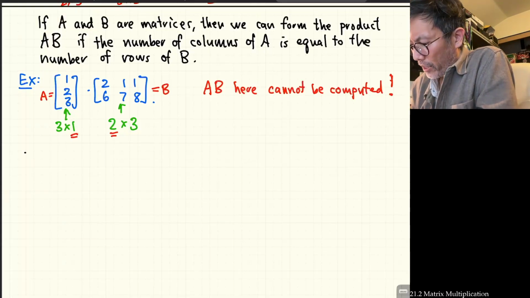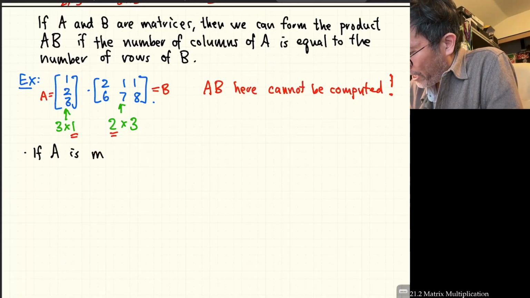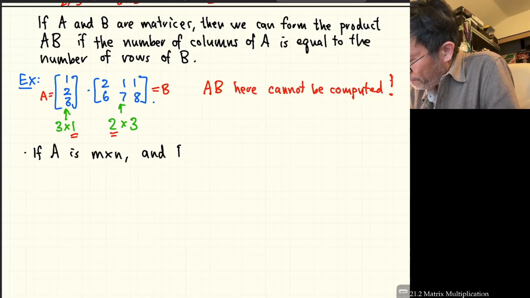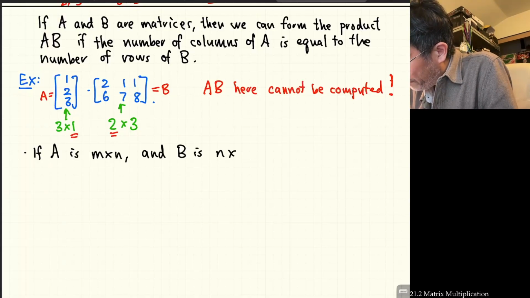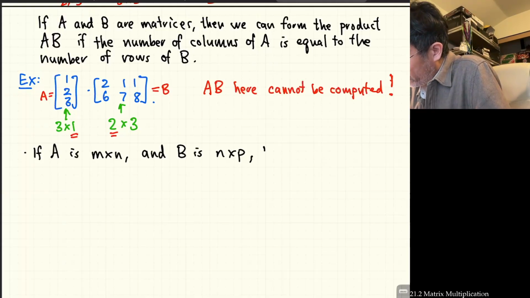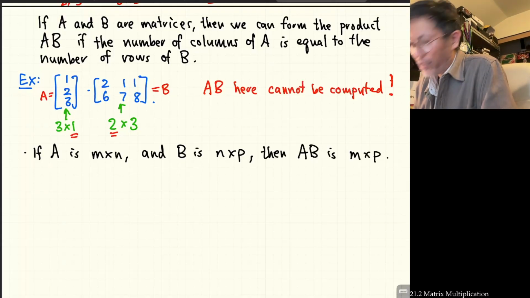One other note. If A is m by n, okay, and B is n by p, and understand, these are referring to the dimensions, the number of rows and columns, then A times B is m by p.